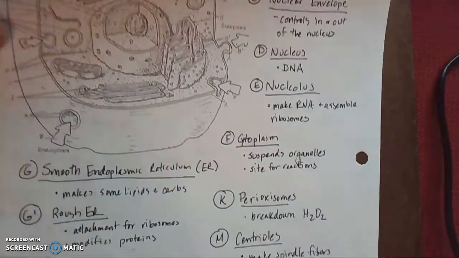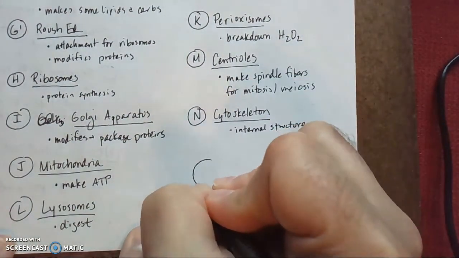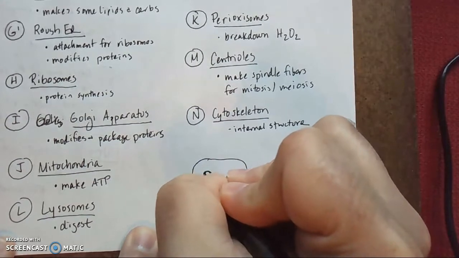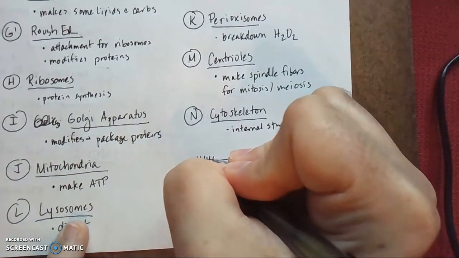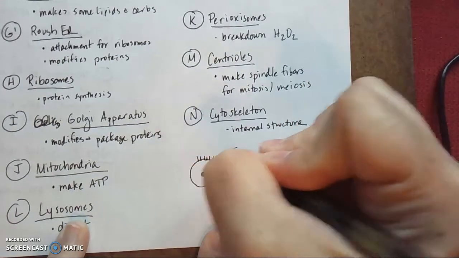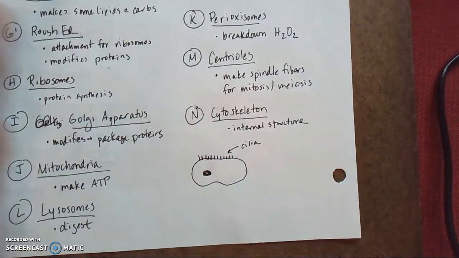The only other thing that I want to mention with cells is I'm going to draw a little diagram here. If we have a cell, when we have cell movement, we can have different ways that it moves. Little hair-like structures on the outside that can move back and forth and propel the cell are called cilia.